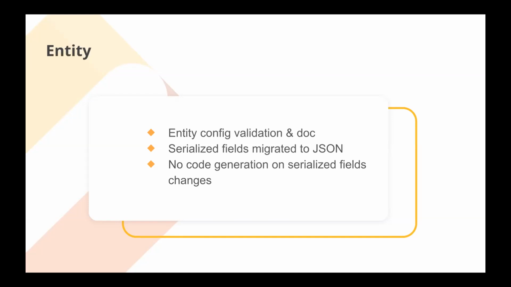We have a trait that is reused all over the entities, and it uses magic PHP methods to access the properties and to set values there. So basically, if you work with serialized fields from the code in your customization, you work with them as with regular public fields in entities without setters or getters, and these are magic fields, so they don't need code generation, and it simplifies the setup for multi-node environment. After we fix other issues with it.